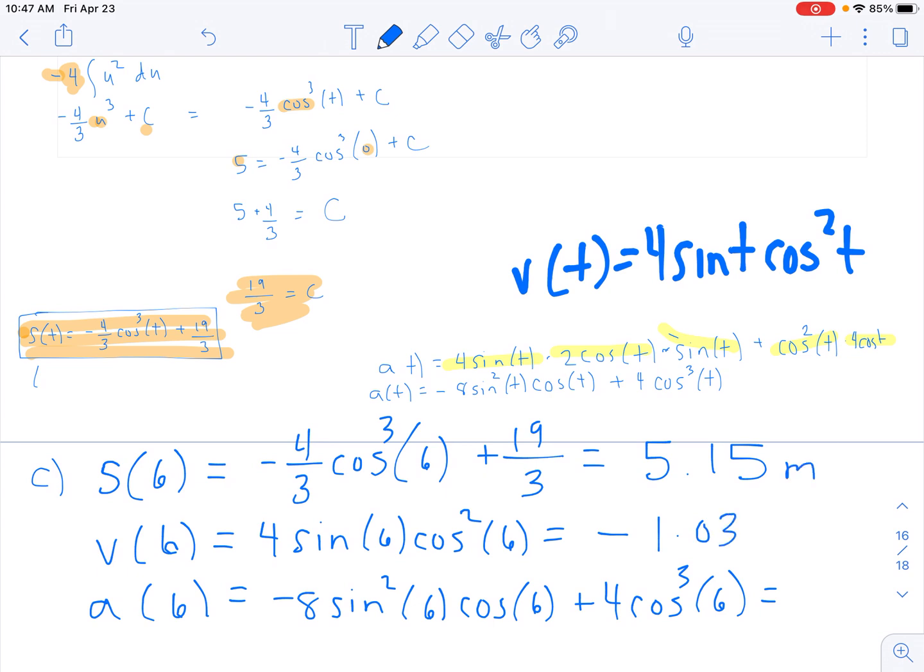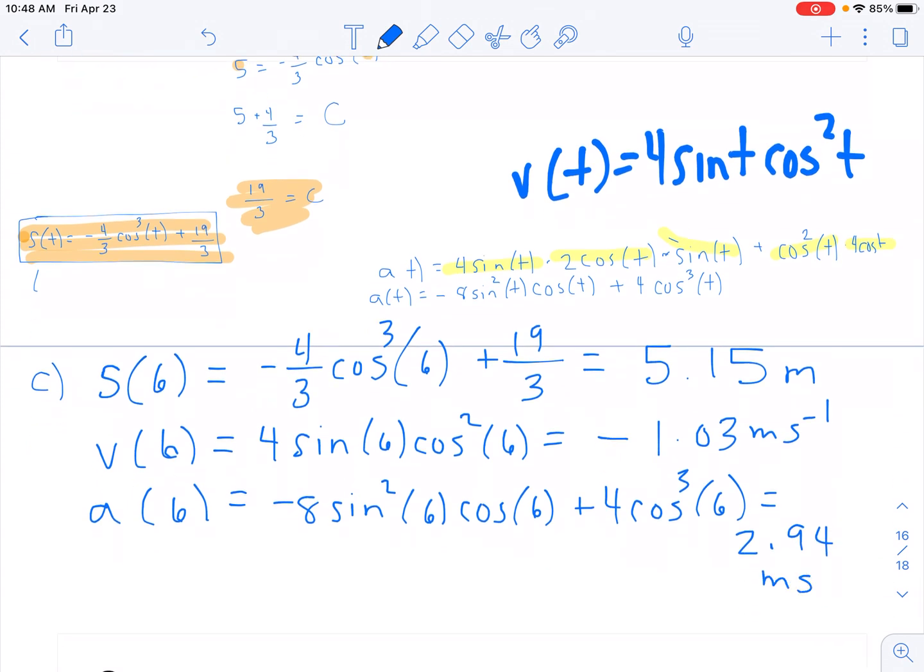This would be meters per second. And acceleration, I'm getting 2.94 meters per second squared.